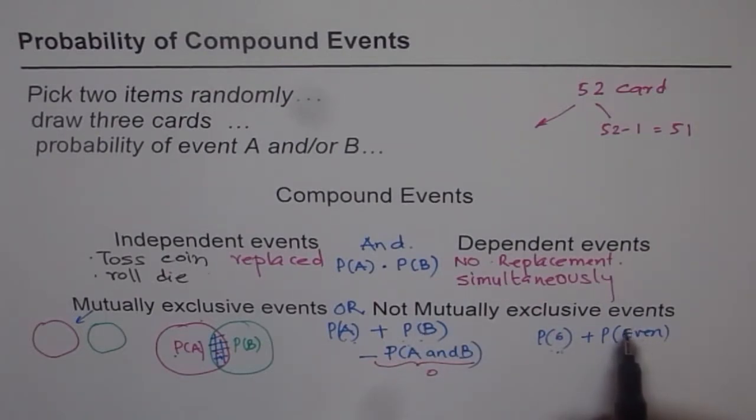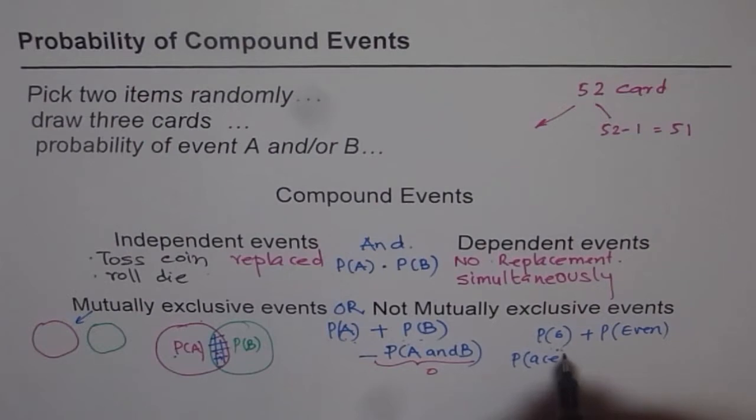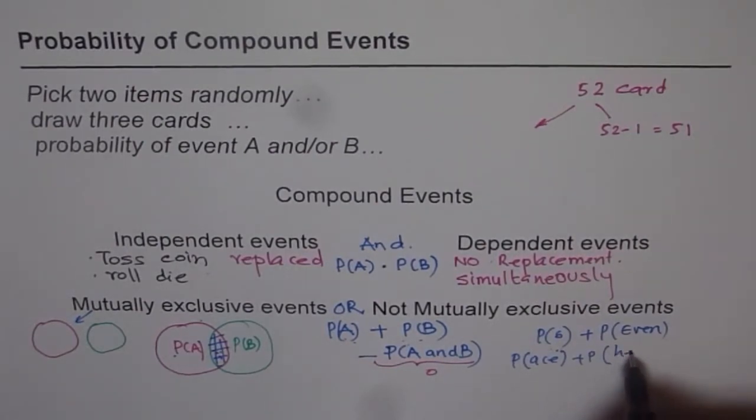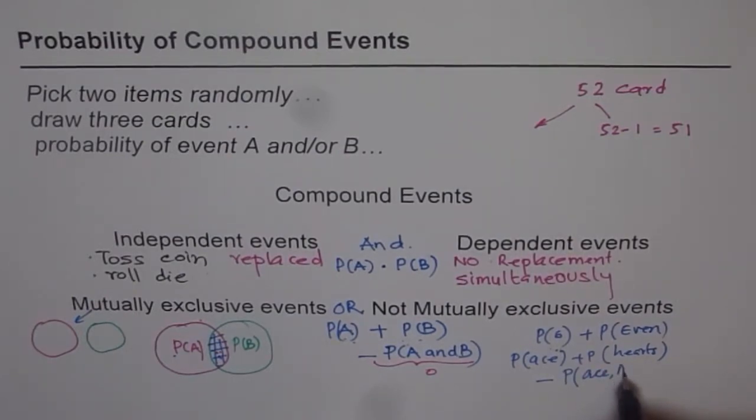For example, in a game of cards, when you are drawing 3 cards or 2 cards, whatever, you say probability of ace plus probability of hearts. In this, there is one ace of hearts also. So you should take away from this the probability of ace of hearts, right?